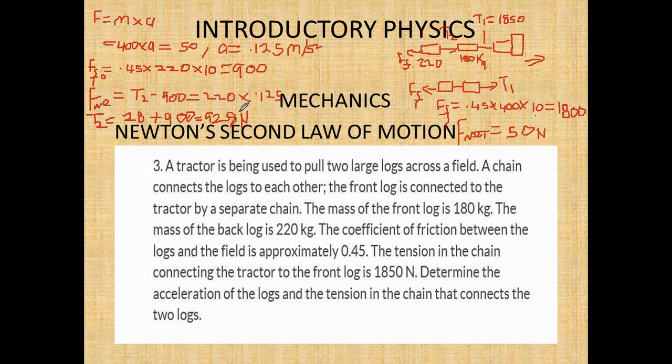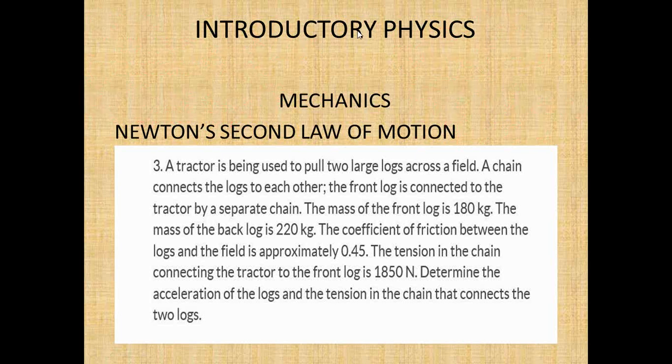To get the frictional force, it's the coefficient of friction times the normal weight. To get the force due to gravity, it's mass times acceleration due to gravity. Once you have a net force in the system, you'll get an acceleration, and the net force is equal to the mass times acceleration. Okay, so let's move on.